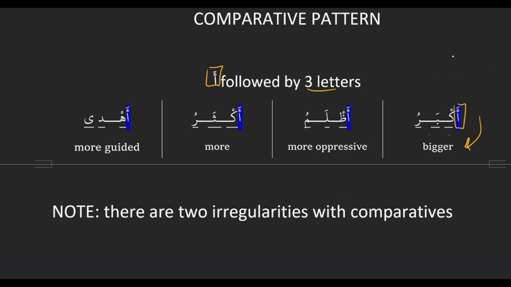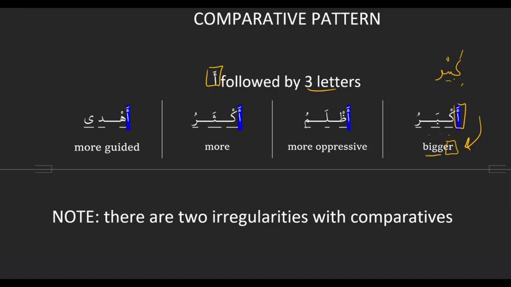We know the word kabir, which means big, and this word, akbar, shares 3 letters with kabir. So it shares the core meaning, and that's how we arrive at the definition bigger. It's the base meaning plus the comparative pattern. The base meaning is big, plus the ER that makes it comparative.